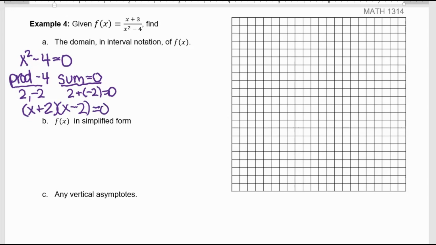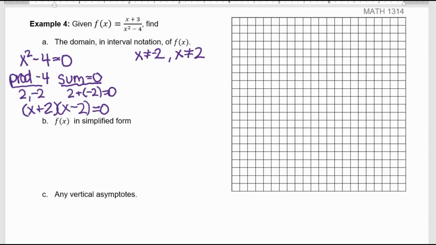And we're still set equal to 0. From the zero factor property, we find out that x cannot be negative 2 and x cannot be positive 2 because we set x plus 2 equal to 0 and x minus 2 equal to 0.